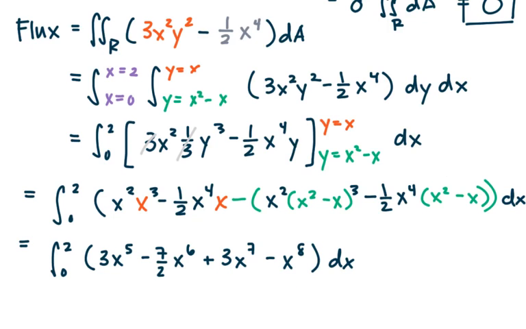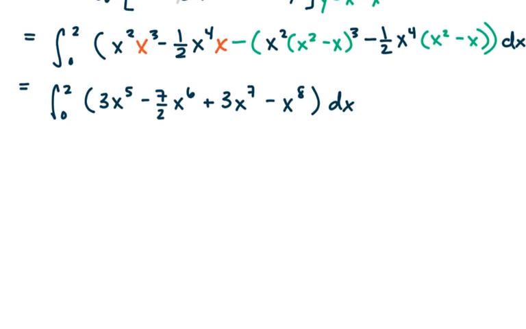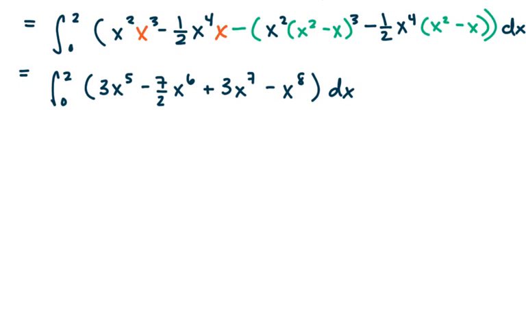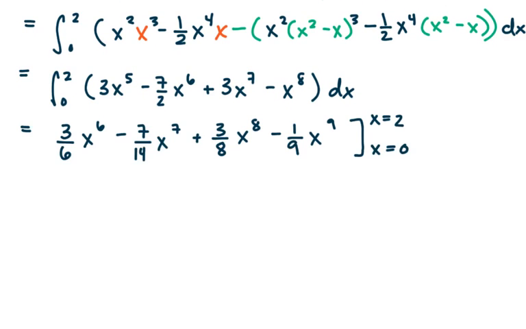And of course, this is very easy for us to integrate using our power rule. And the power rule gives me 1/2 x to the sixth minus 7/14 or 1/2 x to the seventh plus 3/8 x to the eighth minus 1/9 x to the ninth.